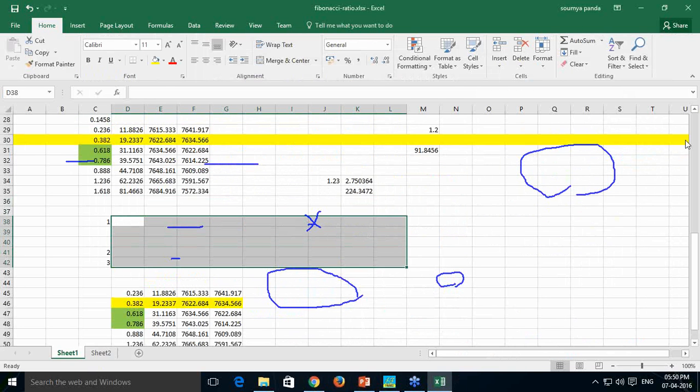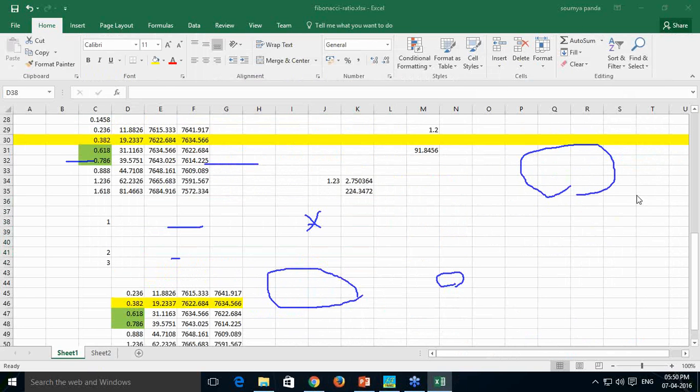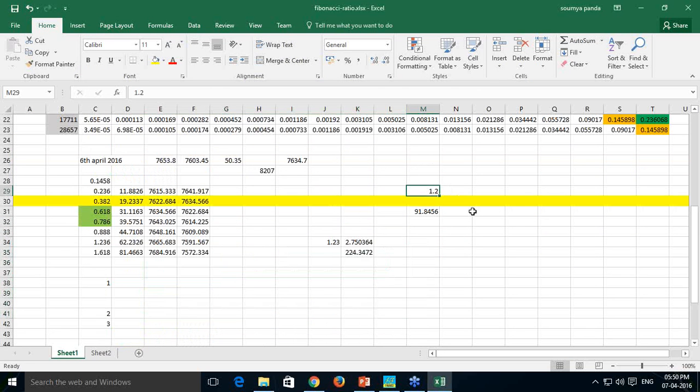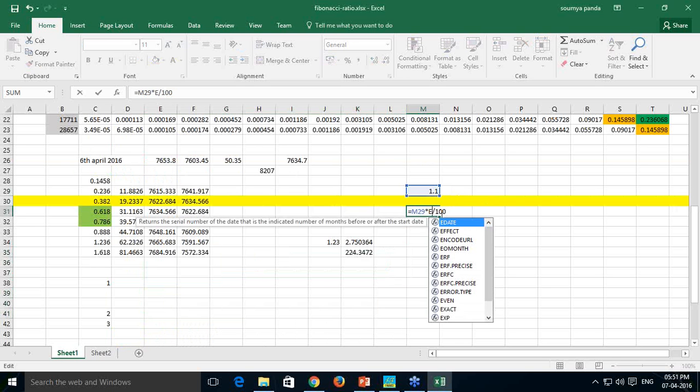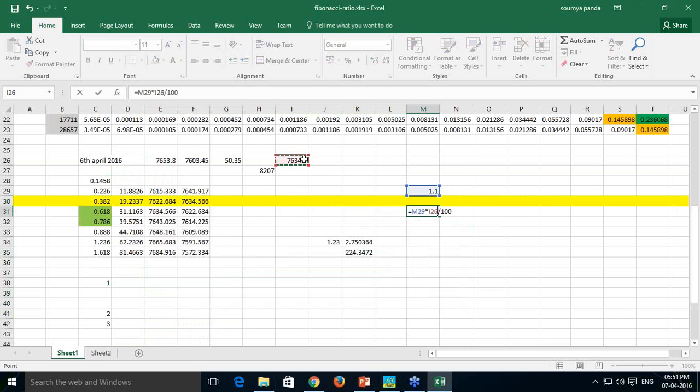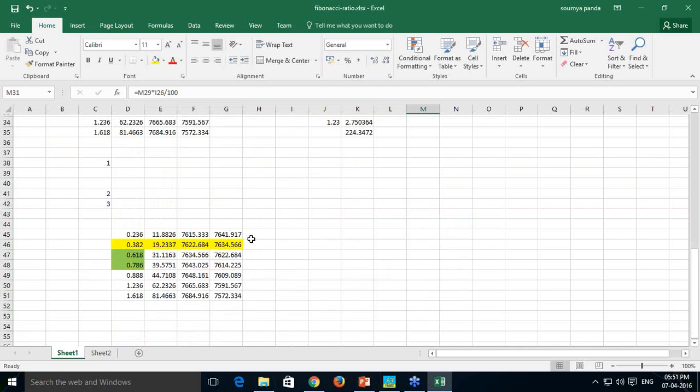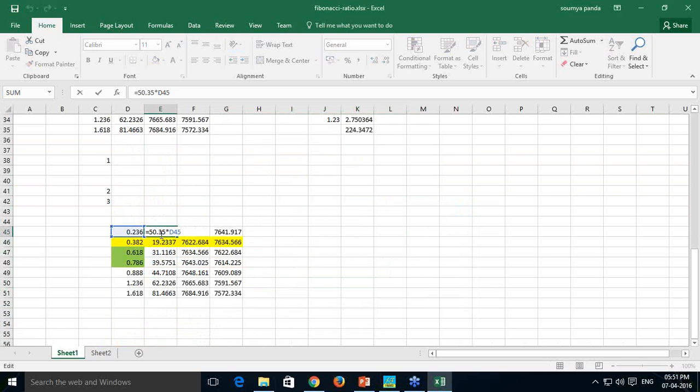So I am taking 1.10 as the volatility, and then I'll take the last traded price. The previous day it closed at 7634.7. So this says 83 points of oscillation is expected, 83.98.